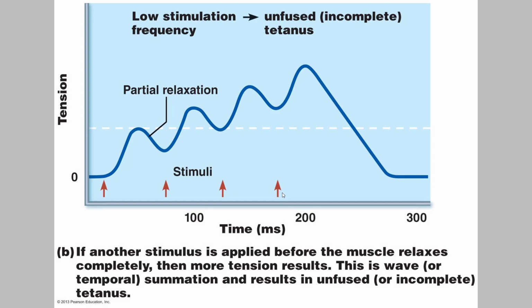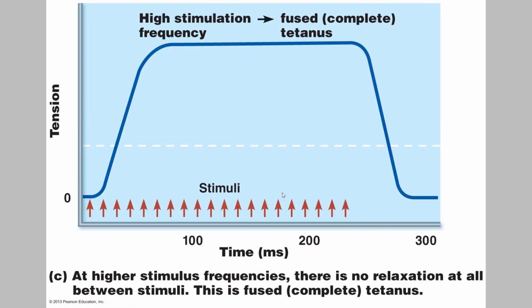But what happens if we increase the frequency of the stimulus? In other words, if we are having a stronger stimulus. That was why I asked that not really attendance question. If the stimuli are coming quicker because of a stronger stimulus on the nerve, well, here we go.